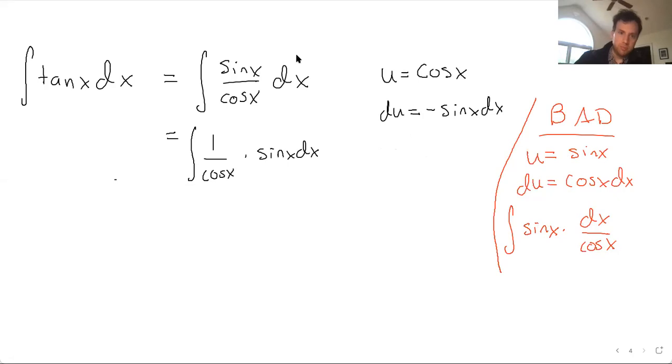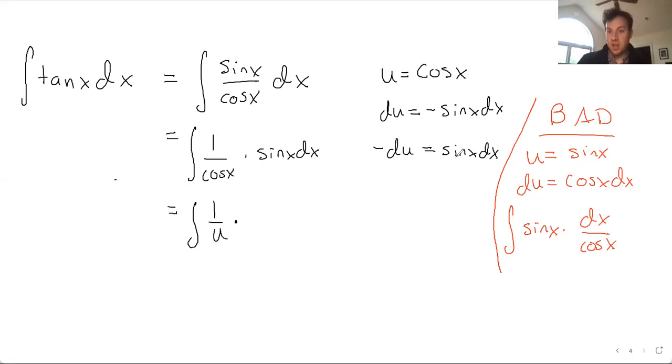Right. So the way that's going to end up working with u as cosine, we can move this minus sign around because we don't have it actually in the integral. And then we can substitute in. So 1 over cosine becomes 1 over u.